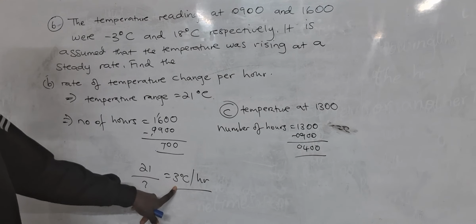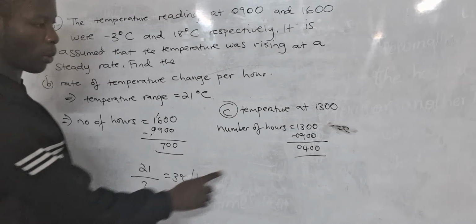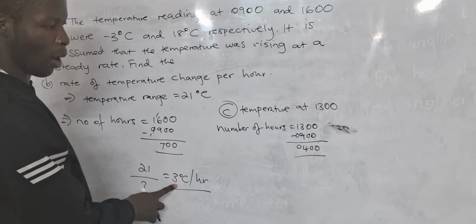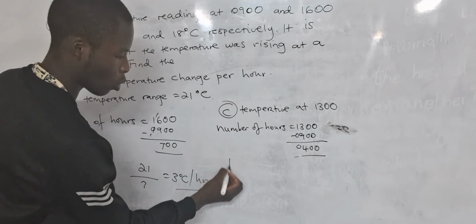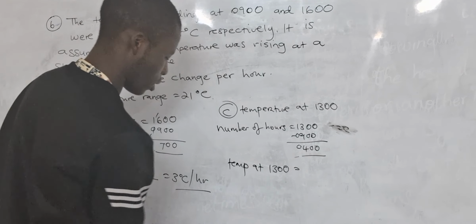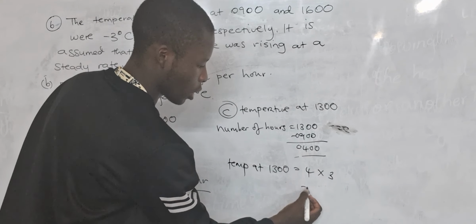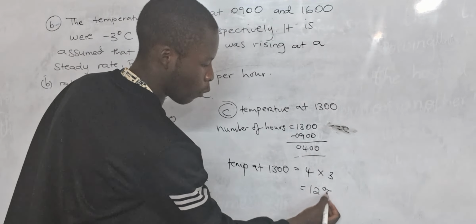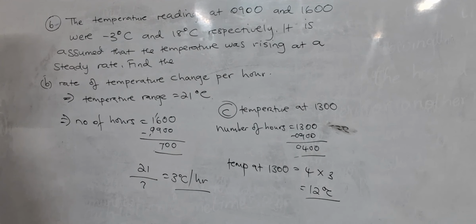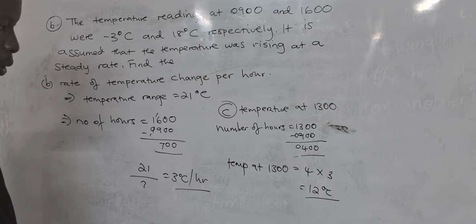So in order for you to find the temperature at 1, you are supposed to multiply the temperature change per hour by this. So the temperature at 1300 is equal to 4 hours, the number of hours, times the temperature change, which is equal to 12 degrees Celsius. So this is the temperature at 1 o'clock, 12 degrees Celsius. 4 into 3, which is 12 degrees Celsius.